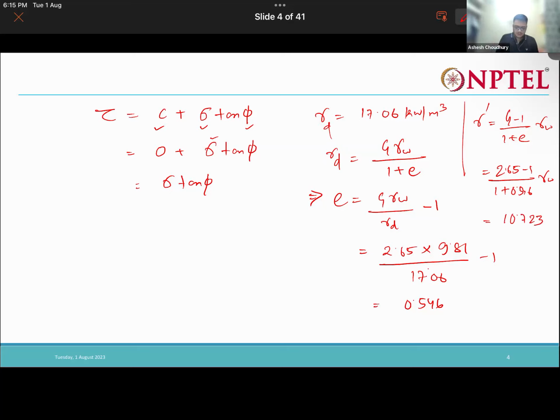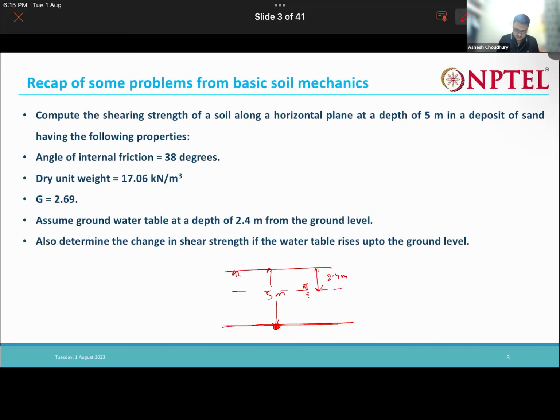Okay. So now let us find out this effective stress, this normal stress, effective normal stress at this point. So it will be 2.4 into the dry unit weight of sand plus 5 minus 2.4 into the submerged unit weight of sand, right?